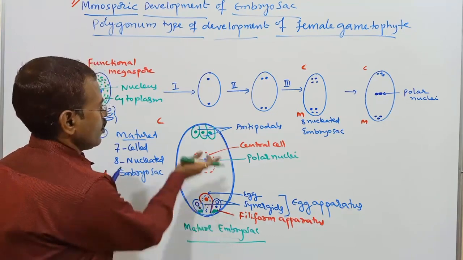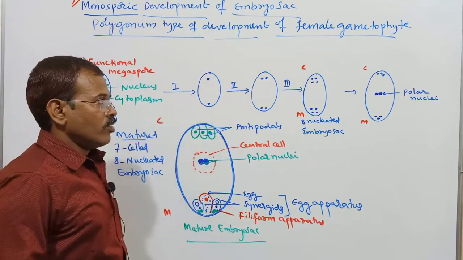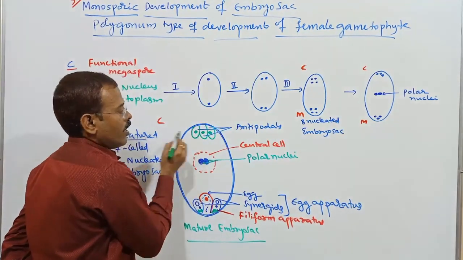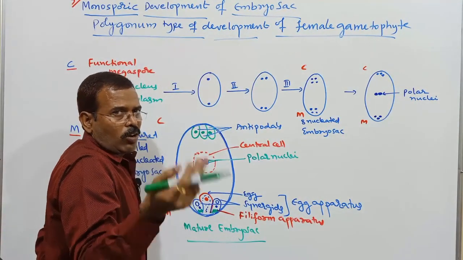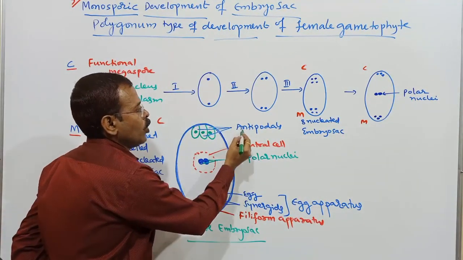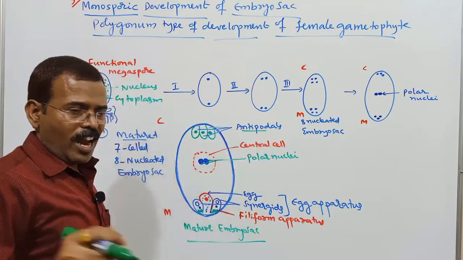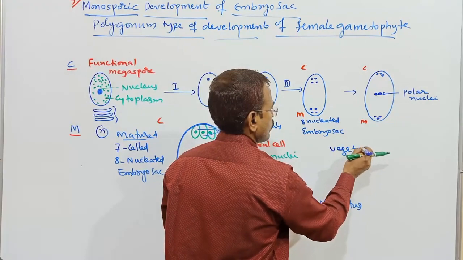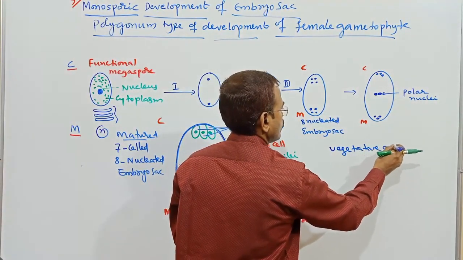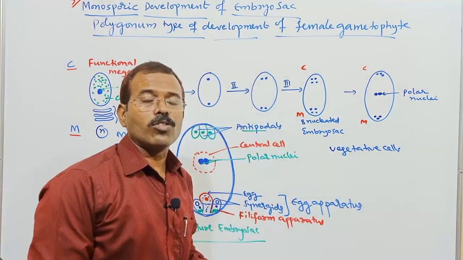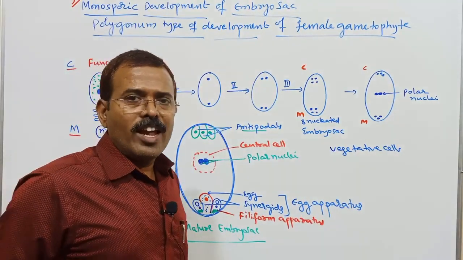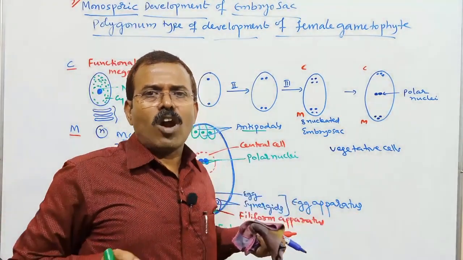Now you see, this is the chalazal side. The 3 nuclei formed at the chalazal side undergo cellularization and organize into antipodals. Antipodals are also called vegetative cells. These antipodals absorb nourishment from the nucellus.